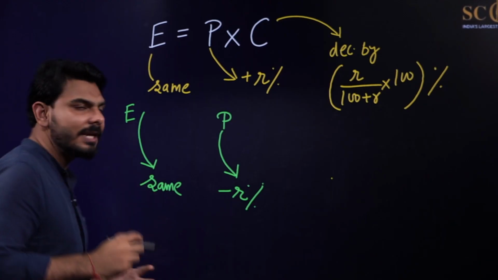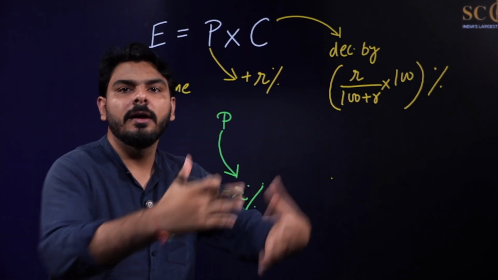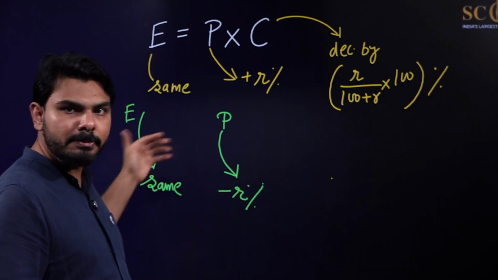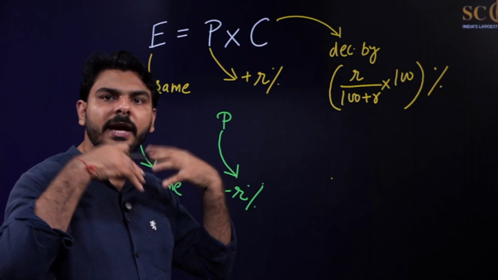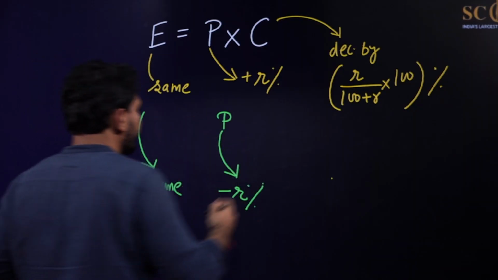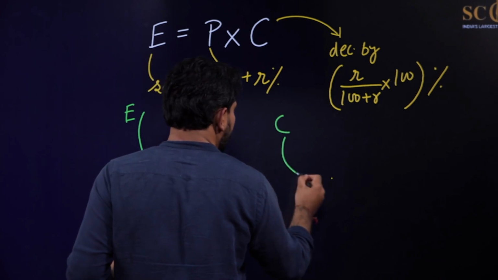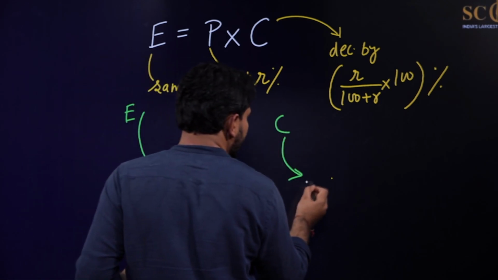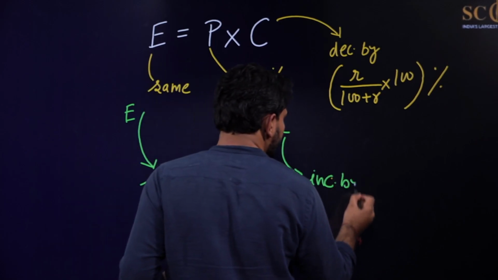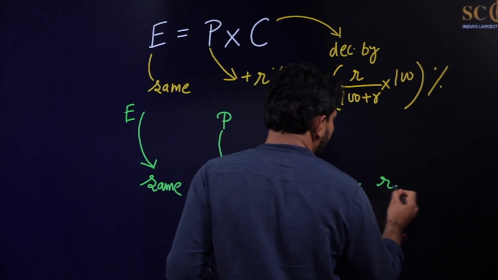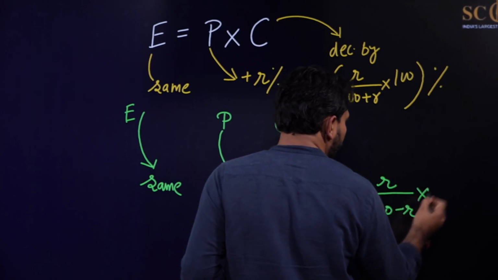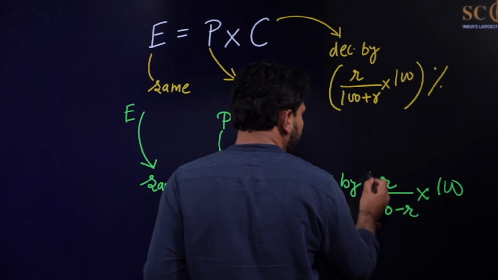In that case, consumption will be increased. For the same expenditure, the consumption of the same items will increase, but by how much percent? Let us find it out. Consumption will be increased by R upon 100 minus R into 100%.